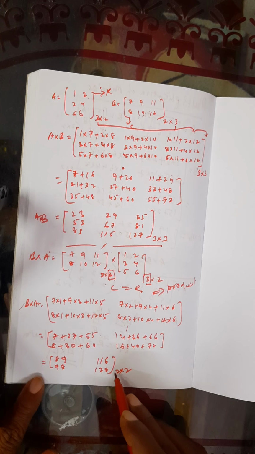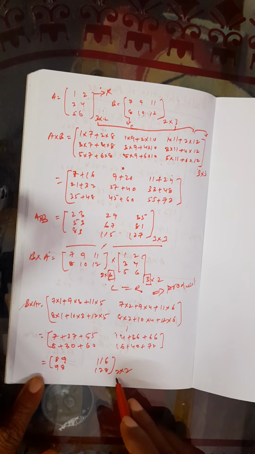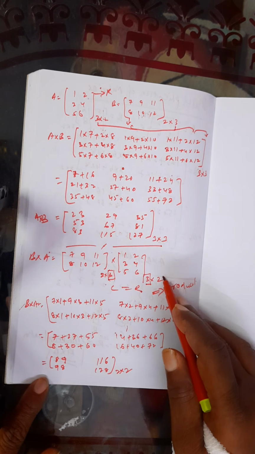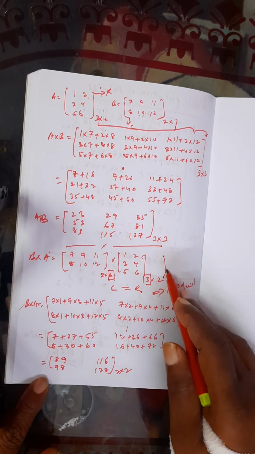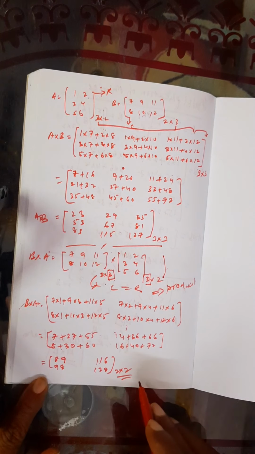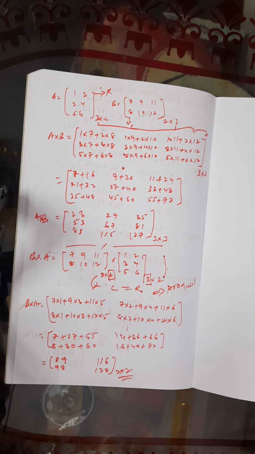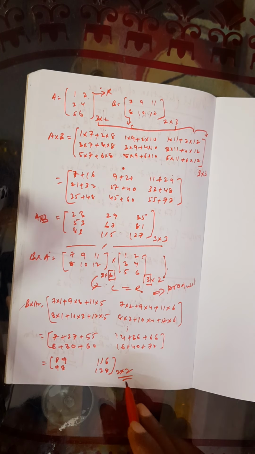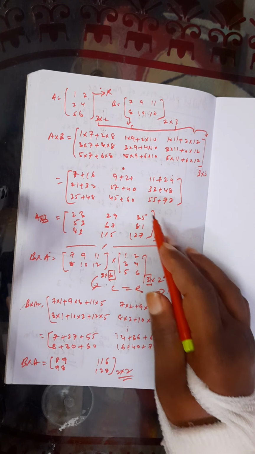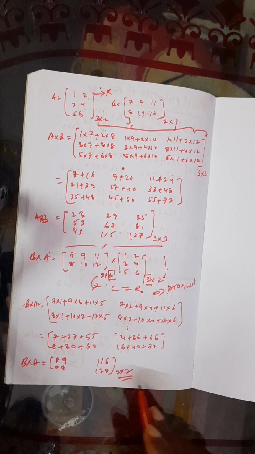Now see that this 2 is the first matrix B's rows and this 2 is the other matrix's columns. The product will have the rows of the first matrix and the columns of the second matrix. We will get a matrix like this. Now this matrix is 3 by 3, this is 2 by 2.